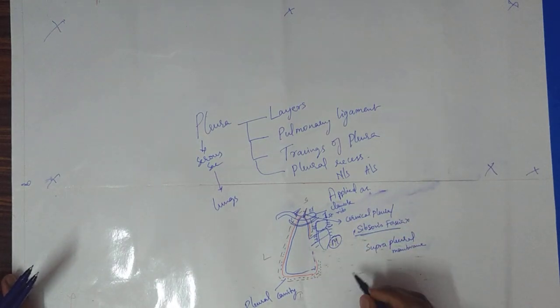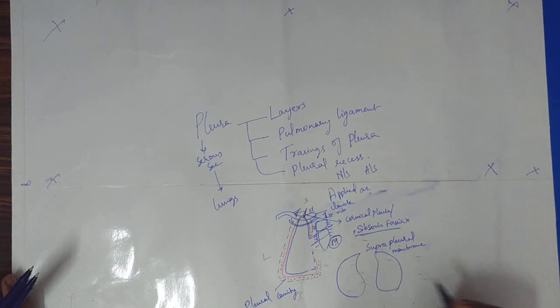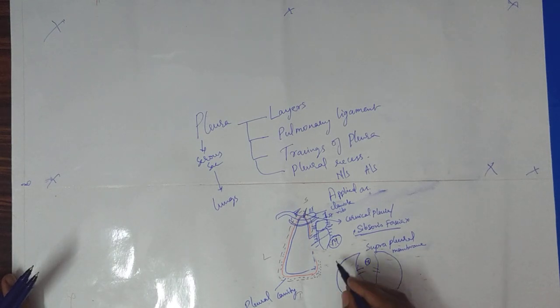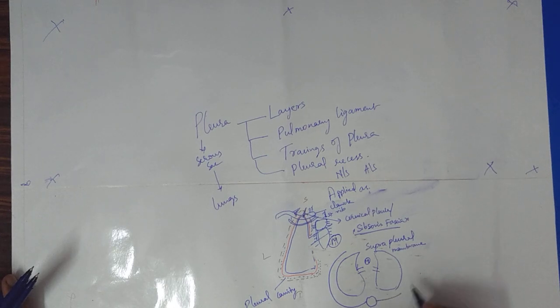Then we have the costal pleura. If we take a cross section, this is one lung, this is the other lung, and this is your mediastinum. Related with this are the vertebrae with the ribs concerned.